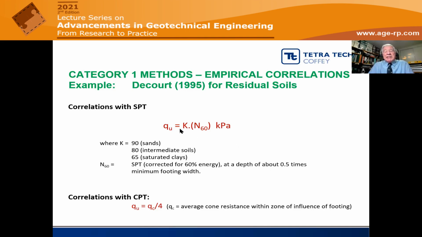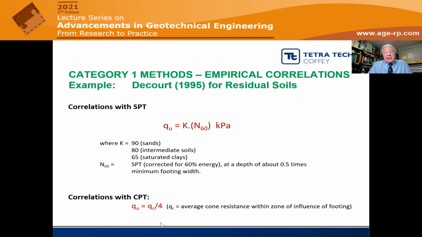And what he said was that the ultimate bearing capacity, depending on whether you have sands or clays, is somewhere between 90 and 65 times the N value in kilopascals. That's a delightfully simple first approach that gives you, if you've got an SPT of 10 and you've got sands, then your ultimate bearing capacity is 900 kPa. And that's just your first ballpark figure on the bearing capacity.